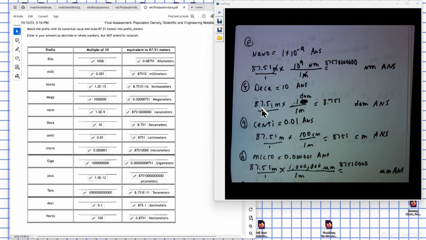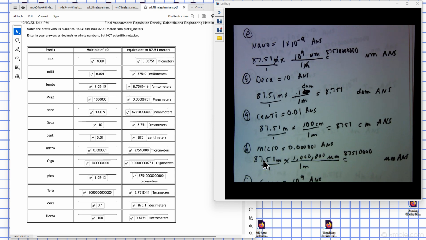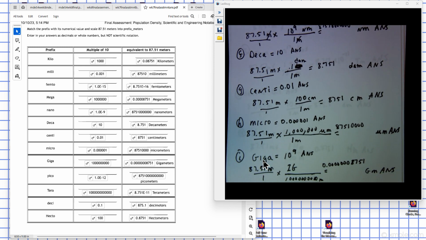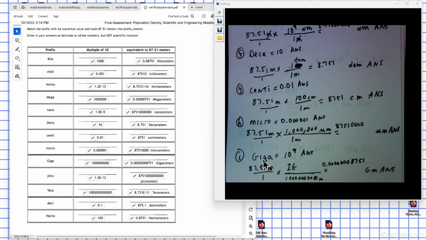It's basically the same thing for each one of these. You're doing the same thing over and over again.